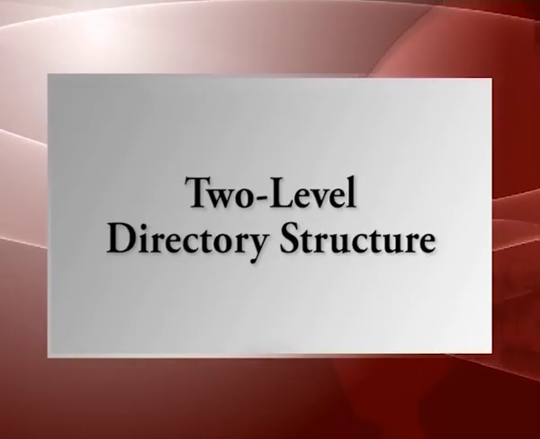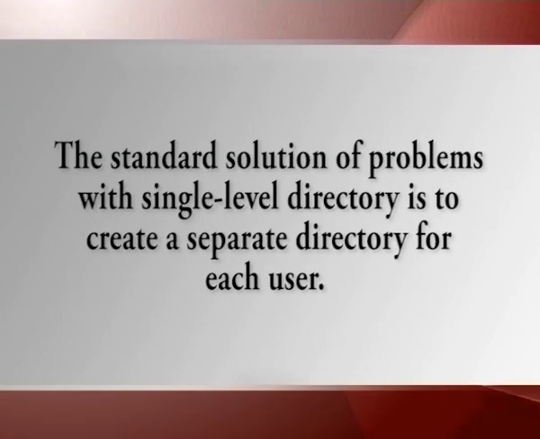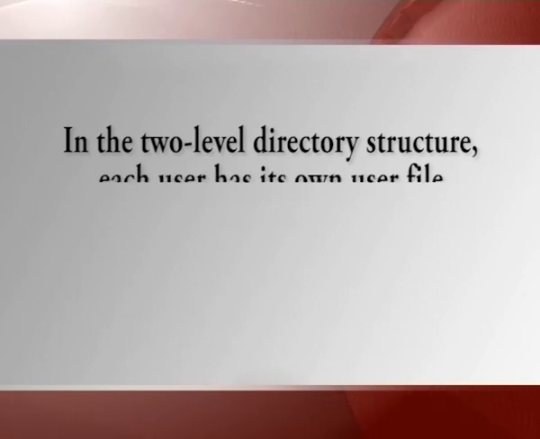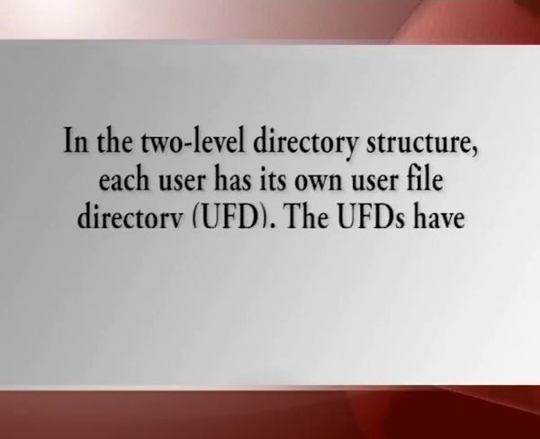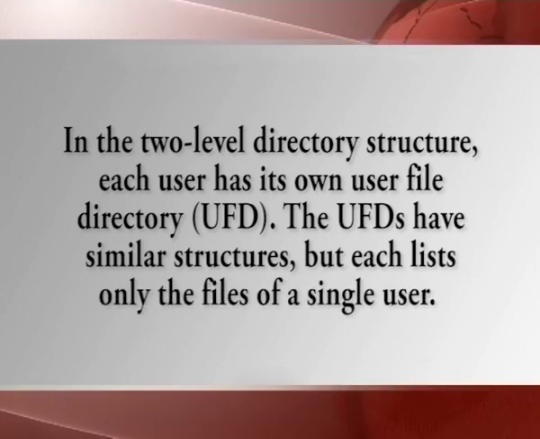Second is two level directory structure. The standard solution to the problems with single level directory is to create a separate directory for each user. In the two level directory structure, each user has its own user file directory, called UFD. The UFDs have similar structures, but each lists only the files of a single user.